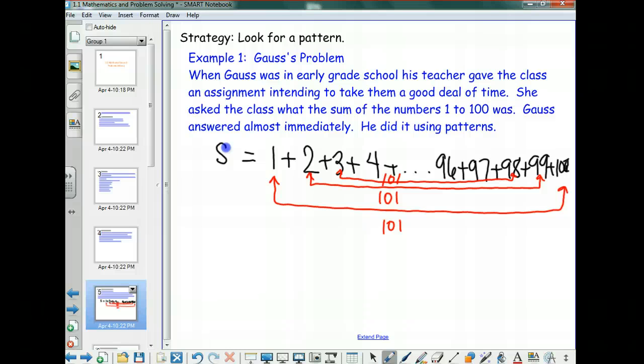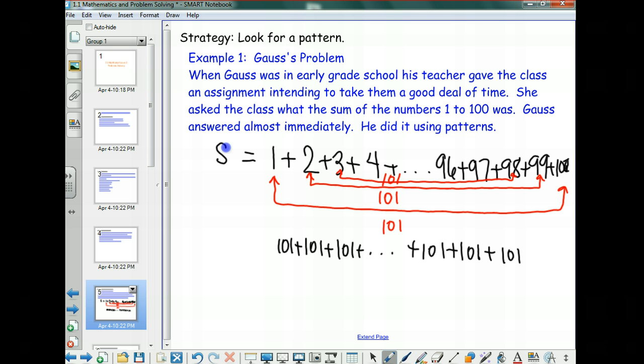Okay. So what we're going to do next is we're going to replace all of our numbers one at a time with the number 101. A bunch of 101s.